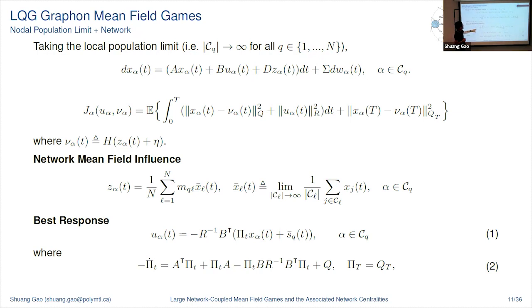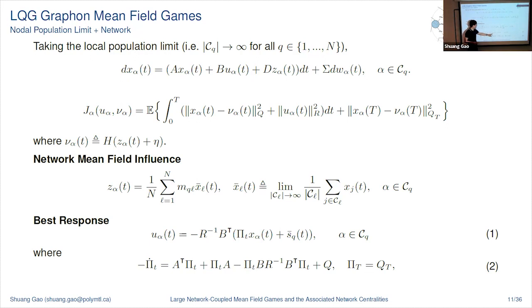So for an individual agent alpha in cluster Q, when he looks at the problem, this becomes a problem with no couplings, because these are just some a priori given trajectories one needs to follow. And this is then a standard linear quadratic tracking problem, and we know very well the solution. The solution is of the following form, where the first part involves the state feedback.